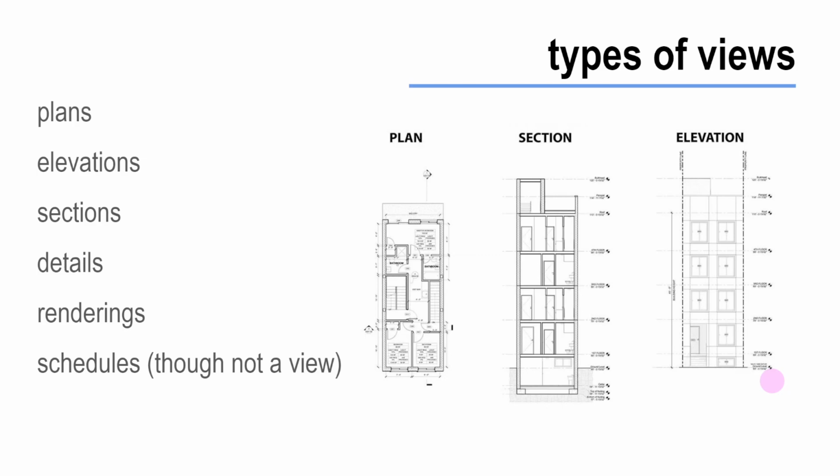Then any of these style views could also be depicted as a detail. So you can have a zoomed in detail of a plan where you're just zooming in to get more information about a particular section. And some of the ones we'll look at today, we have plan details, just because they're such large buildings that it's going to be difficult to see them and add in all of the different annotations and measurements in just the one floor plan.